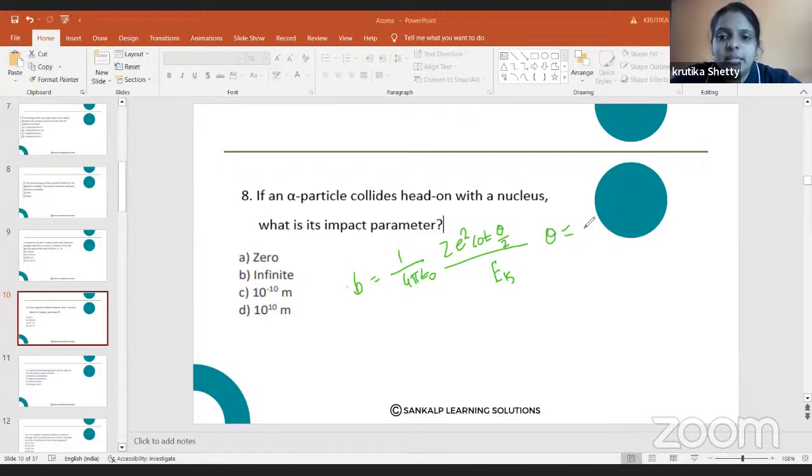Head-on collision, the theta value is 180 degree. So it is 180 divided by 2, that is 90, so cot 90. Cot 90 is 0. Therefore the entire value becomes 0. Option A is the correct answer. Everybody is giving the same answer here. Let us go for the next question.